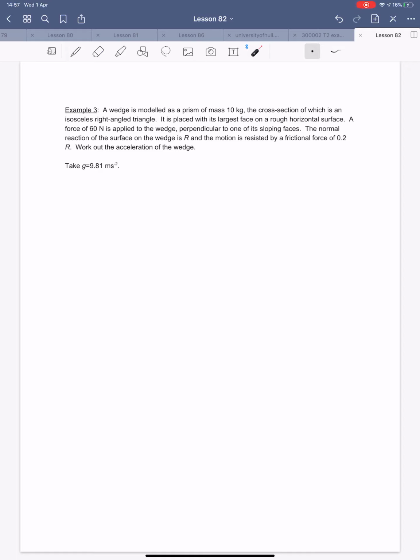Right, example 3. A wedge is modelled as a prism of mass 10 kilograms, the cross-section of which is an isosceles right-angled triangle. We'll start drawing this as we go along. It's placed with its largest face on a rough horizontal surface. Its mass is 10 kilograms, so it's going to be 10g downwards.